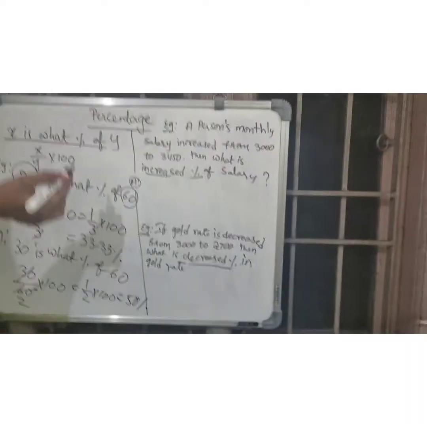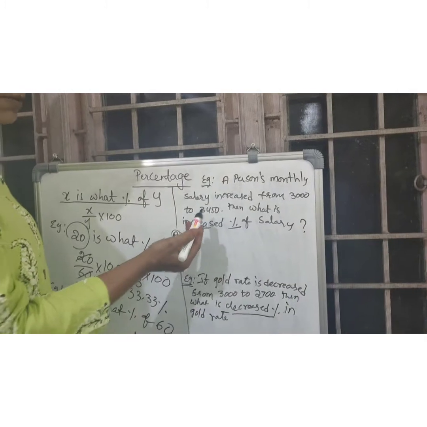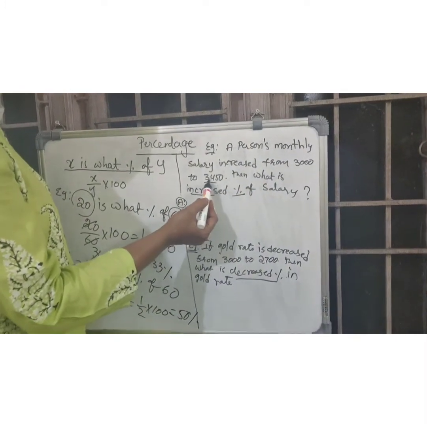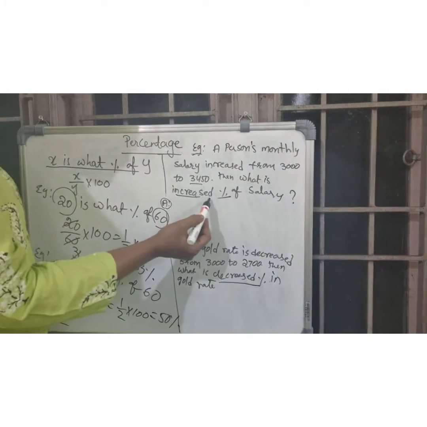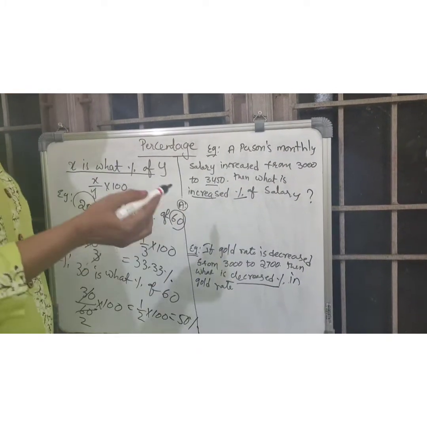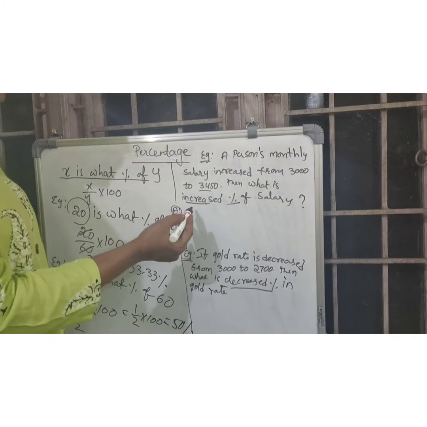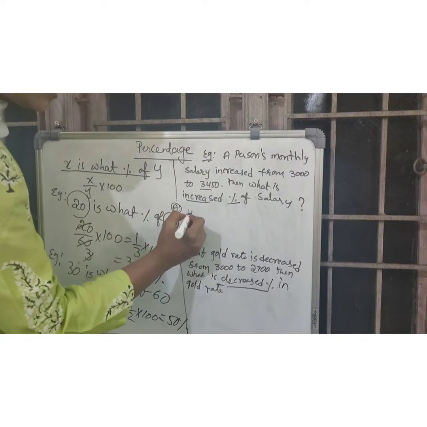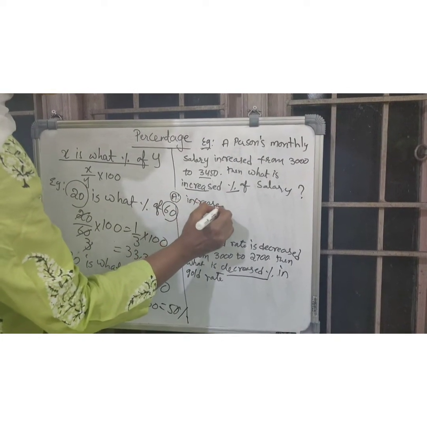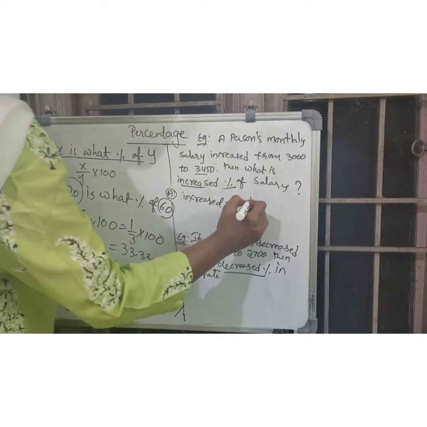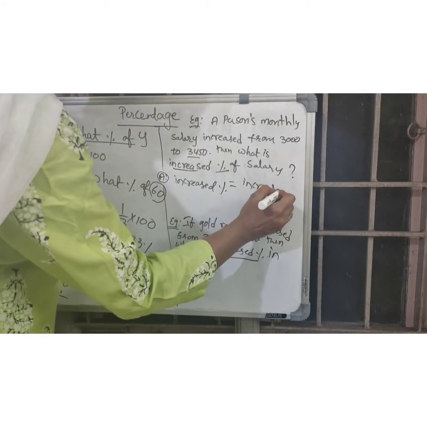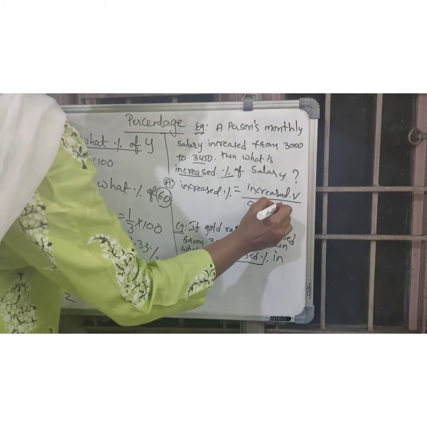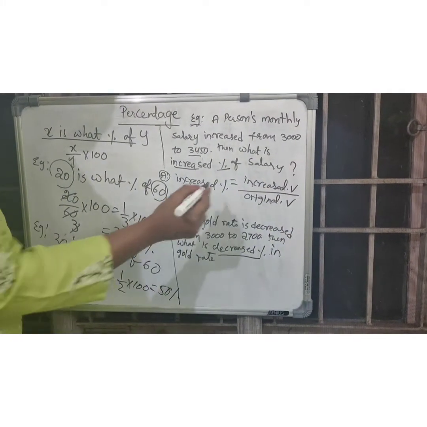Now we will see other types of problems also. A person's monthly salary increased from 3,000 to 3,450. Then what is the increased percentage of salary? How to find increased percentage or decreased percentage? Increased percentage is always equal to increased value by original value, into 100.